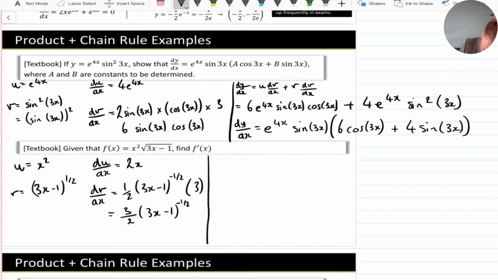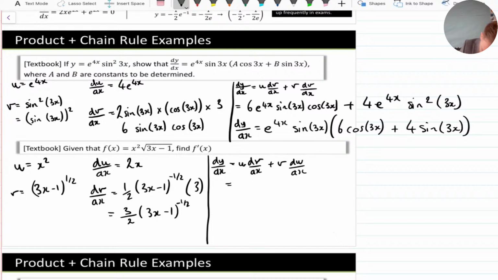Remember, then we're going to sub this into dy by dx is equal to u dv by dx plus v du by dx, which is equal to u, which is the x squared, times by dv by dx, which is going to be this part here.